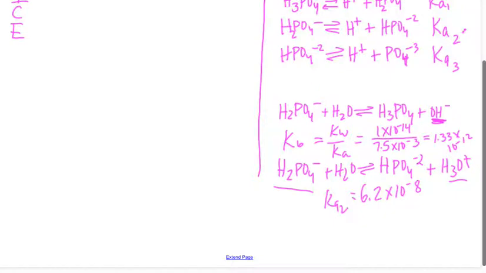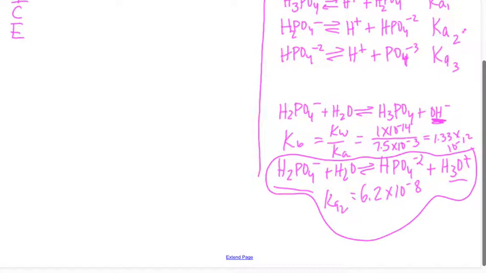Thoughts? Which one do you think we use? The 1.33 times 10 to the negative 12th or the 6.2 times 10 to the negative 8th? The question is, which one is more likely to proceed in the forward direction? 6.2. The larger one. You pick the larger K. That one's more likely to happen, so that's the one we're going to use to determine the pH.